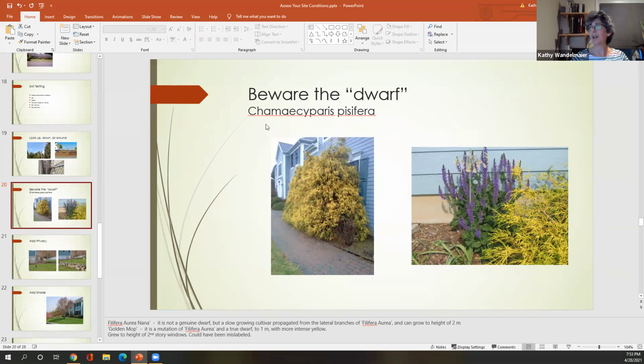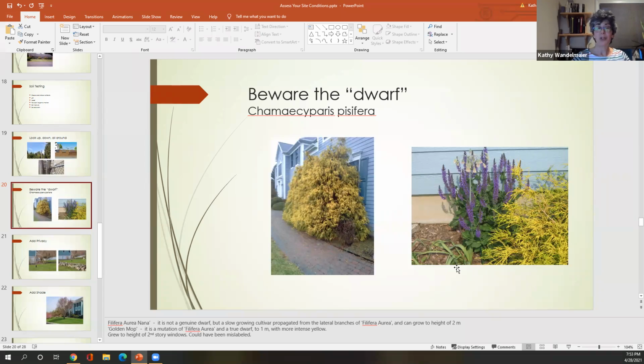In its straight form, this Chamaecyparis pisifera is an 80 or 70 foot tall tree, and not too many people plant those. What you commonly see is its nana or dwarf form. However, nana or dwarf form on a plant label is a very relative term.